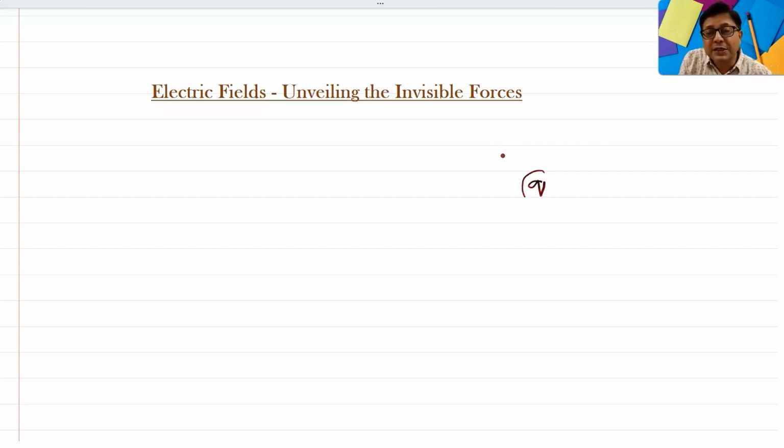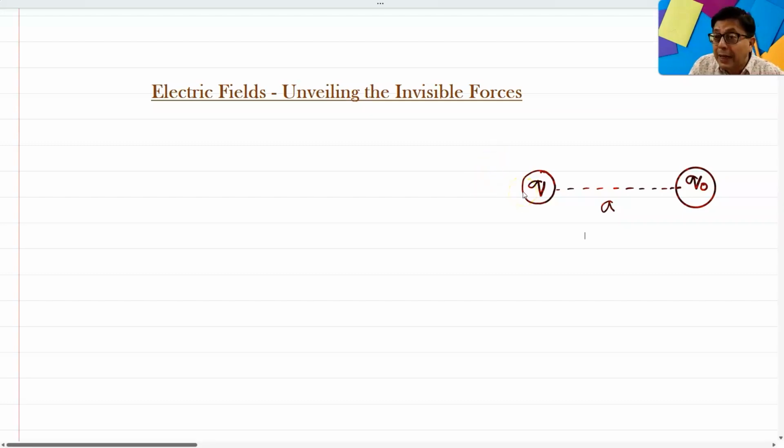One is charge Q and the other one is Q0. They are kept in air at some distance of separation. Now these charges Q and Q0 will interact. Either they will attract or they will repel.